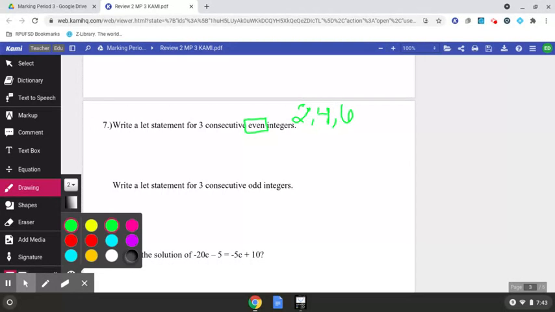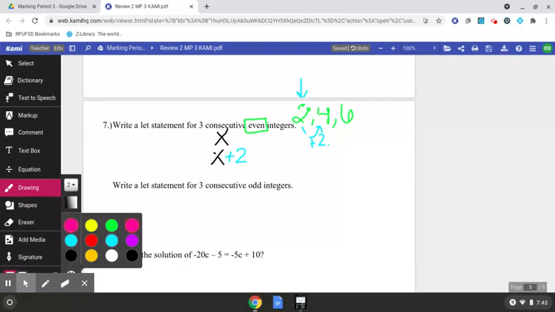So what it's asking for is, if I don't know my first term, I'm not sure what it is yet, that first term is my 2 in this example here. So if I want to get from 2 to 4, I'm technically adding 2. So I'm taking my X, and I'm adding 2 to it to get to the next integer.